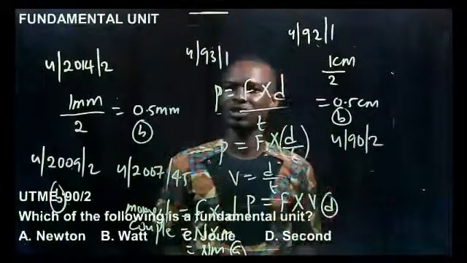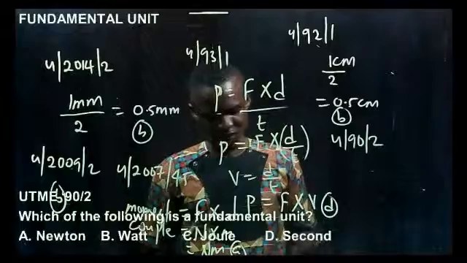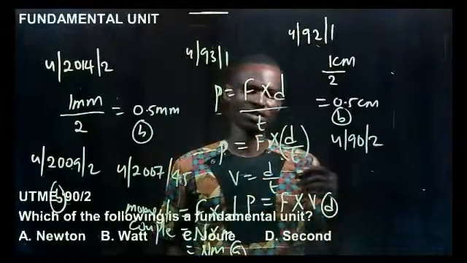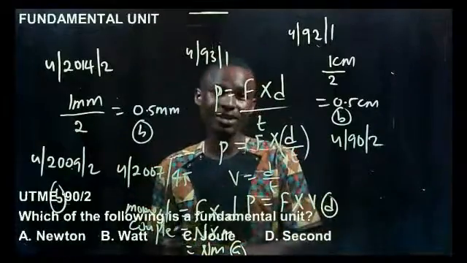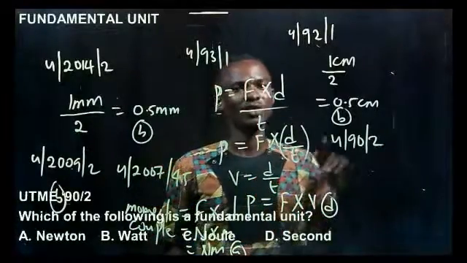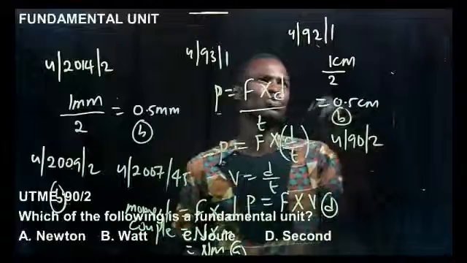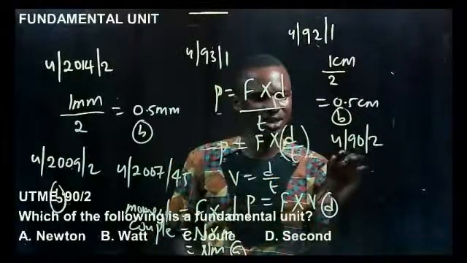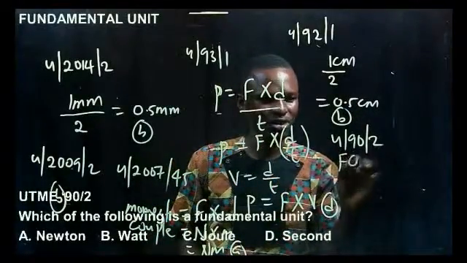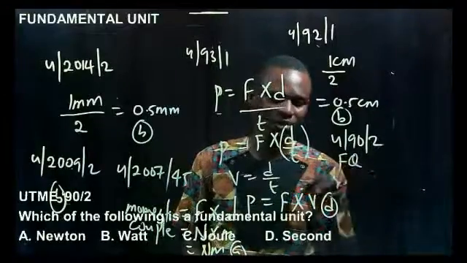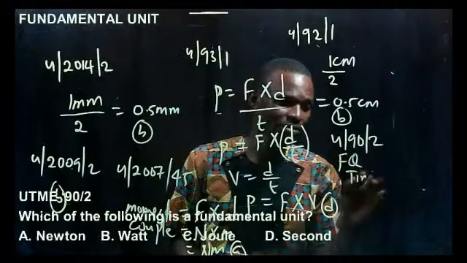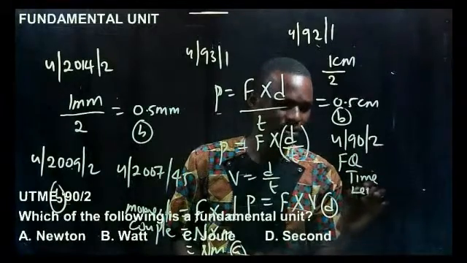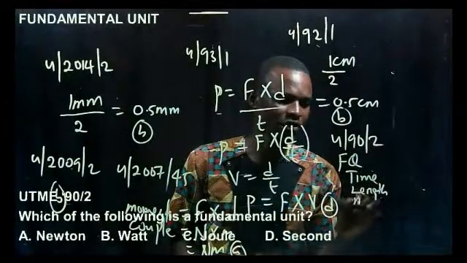Which of the following is a fundamental unit? Now, before I roll out the options, let me just refresh your mind. We have fundamental quantities and we have derived quantities. Now, let's dwell on fundamental quantities. The basic three are length, time, and of course mass.